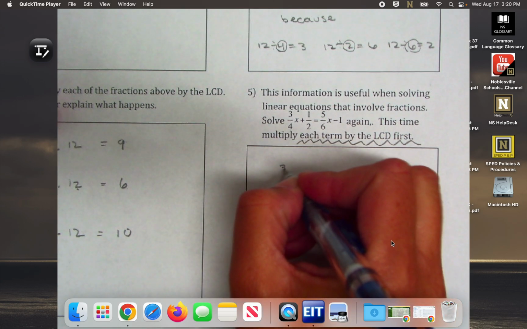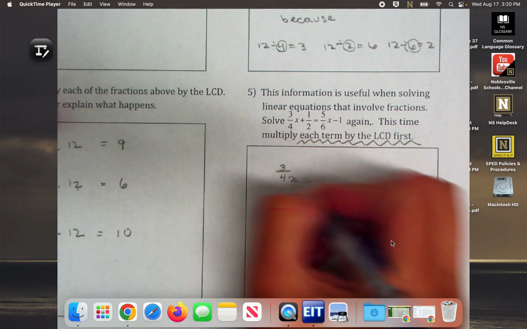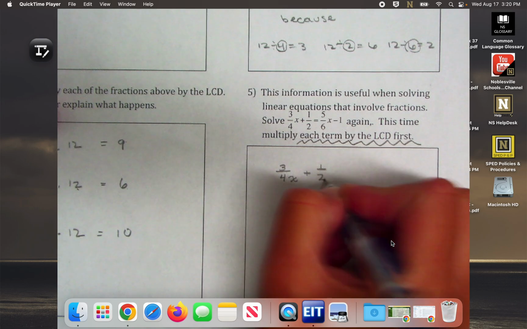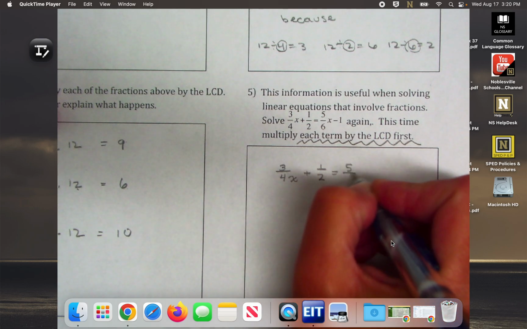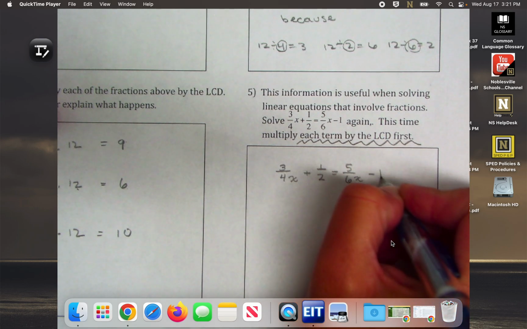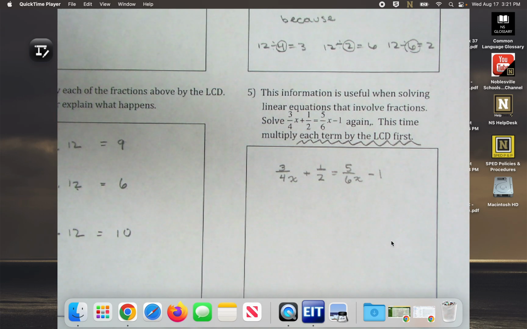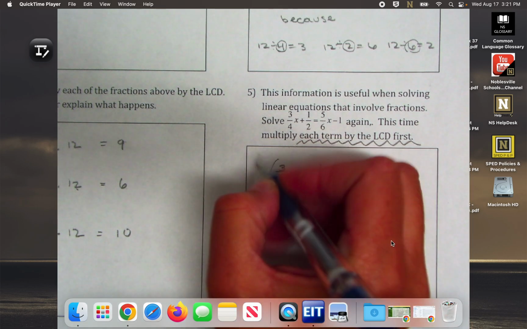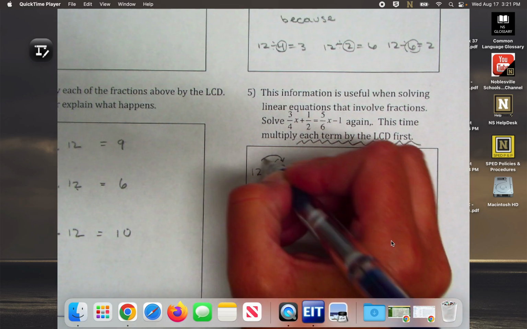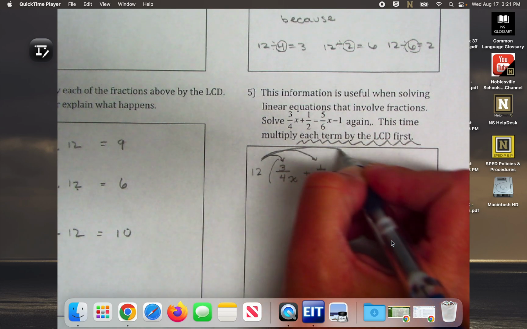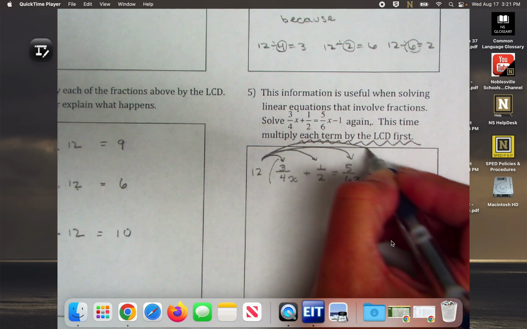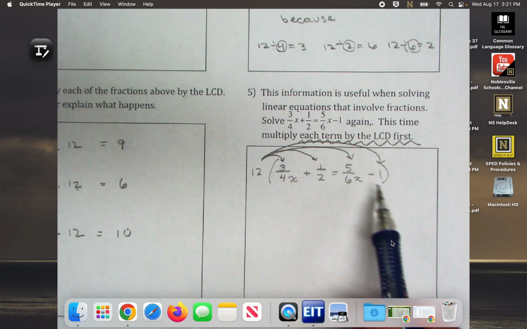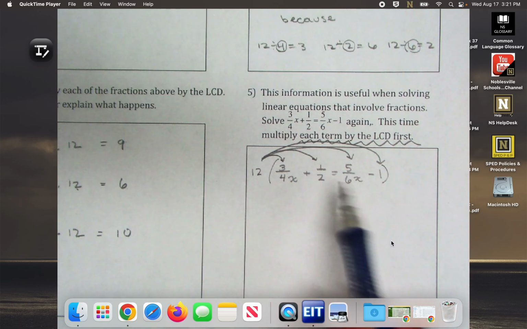So we're going to write out this equation, 3/4 x plus 1/2 equals 5/6 x minus 1. We're going to rewrite it. Then we're going to use our distributive property. Everything's going to get multiplied times 12. Even this 1 over here is going to get multiplied by the 12. Everything.